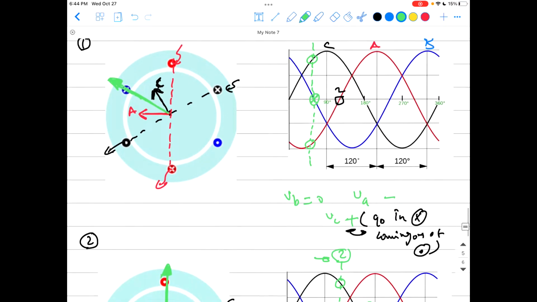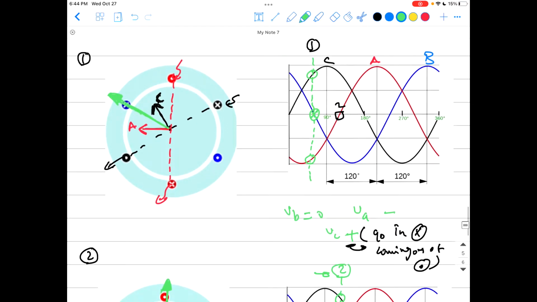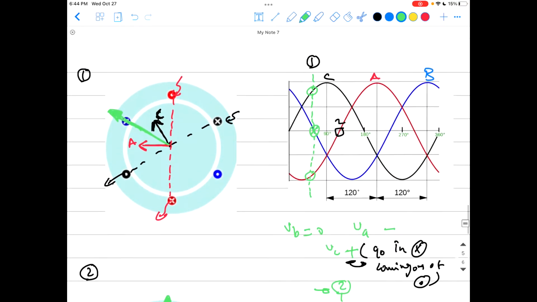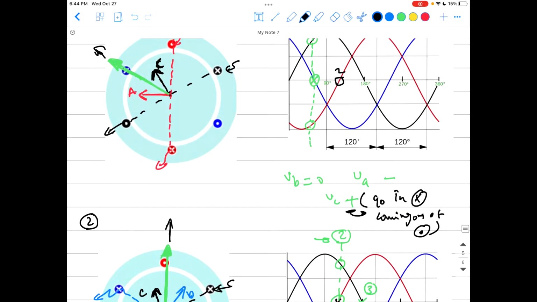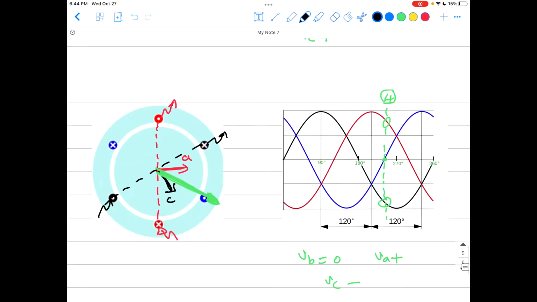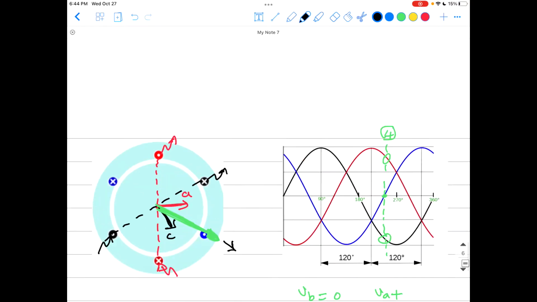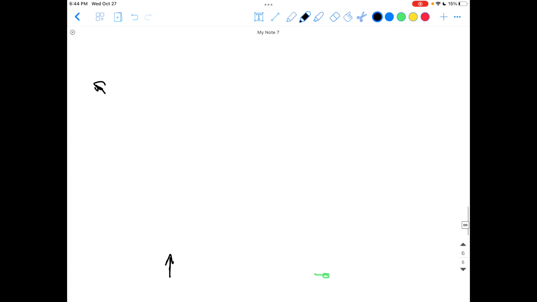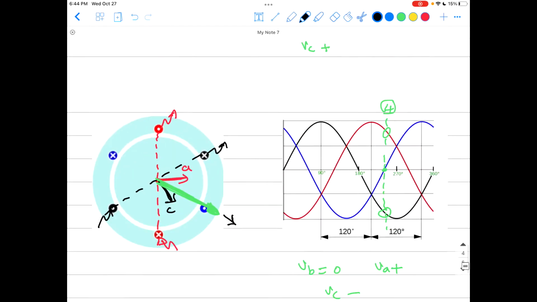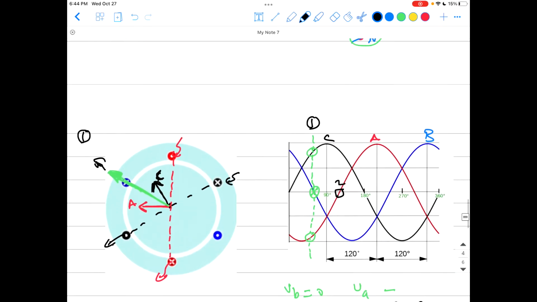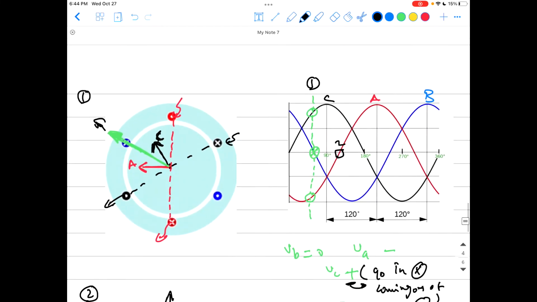Here, look at the green arrow, the resultant magnetic field of all of the 3 phases. Phase A, it's here, pointing out there. Go to the next instant, it's going here. The next instant, it's there. See what I'm saying, guys? From instant A, it was in this position.